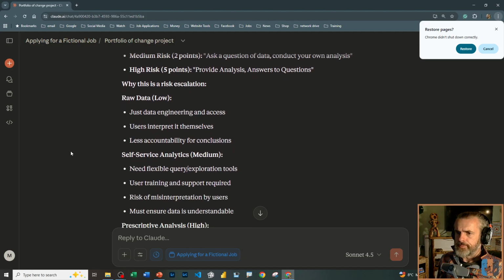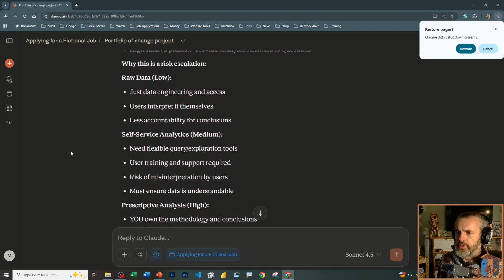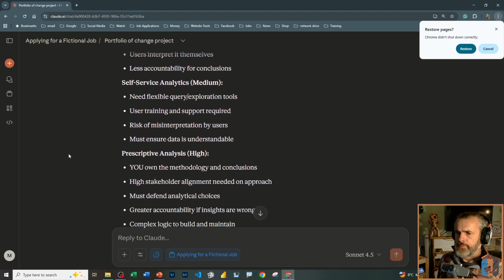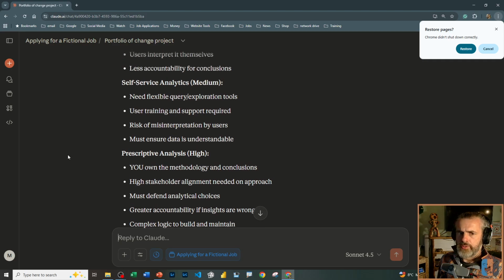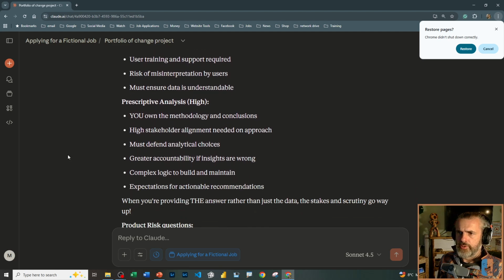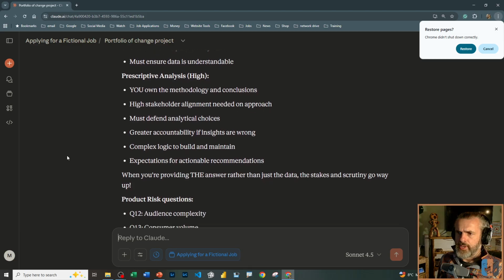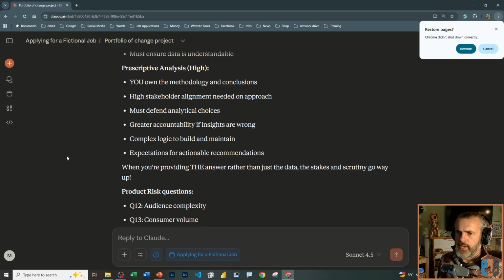So self-service analytics would be the second one. And then it's worded as prescriptive analysis for the high one. Self-service analytics, prescriptive analysis, high stakeholder alignment needed on approach. Greater accountability if insights are wrong, complex logic to build.